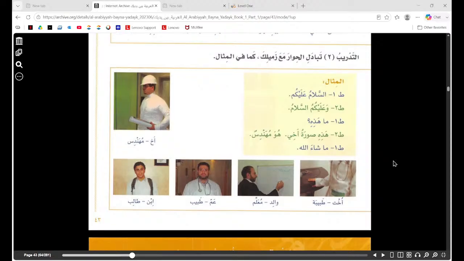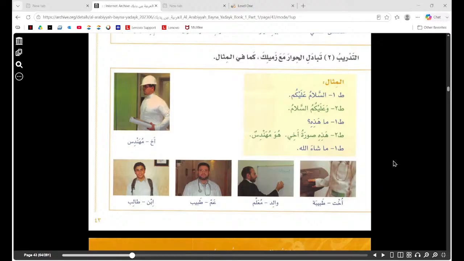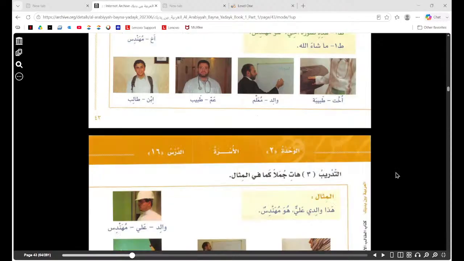So the whole point of this is to get you speaking this, because the more you speak it, the more it's going to become natural to you, and the easier it will be to understand. The biggest point I noticed in the introduction, and now that I have the teacher's editions, is the brain connecting to the picture, having context. You want to connect the vocabulary with context. This is why they give you the pictures of the teacher, the doctor, the engineer, so that you can associate the word with what you see.